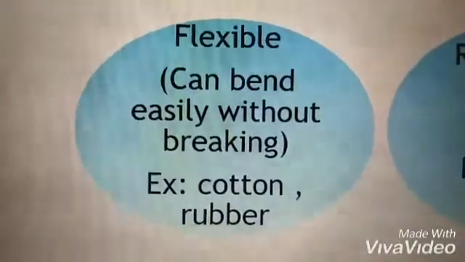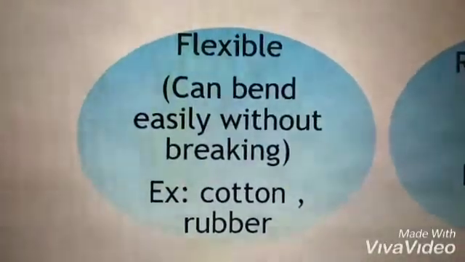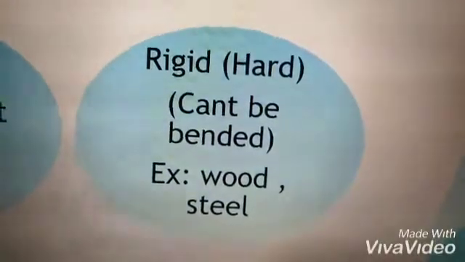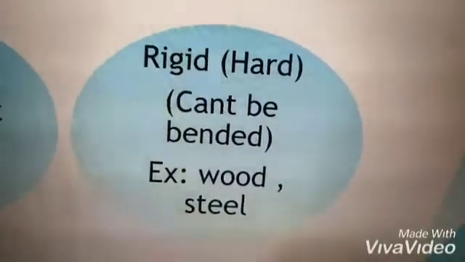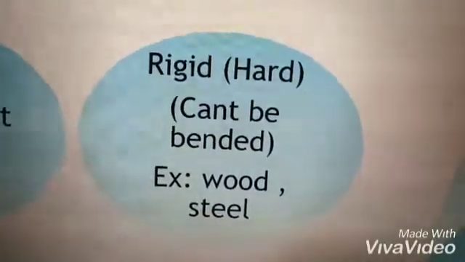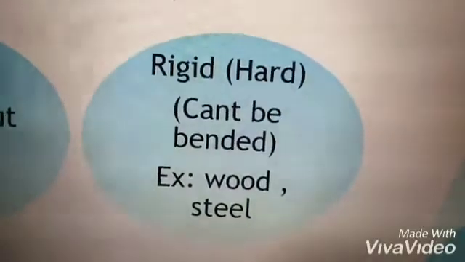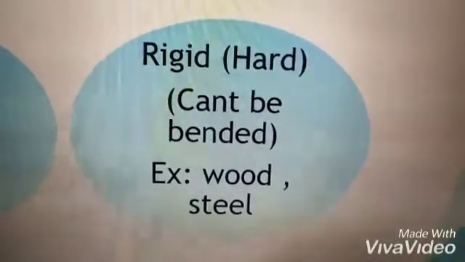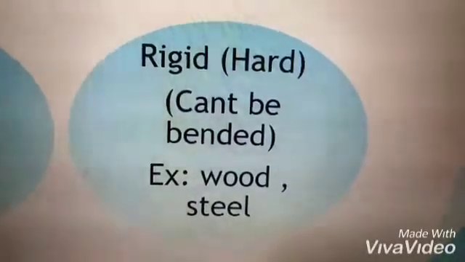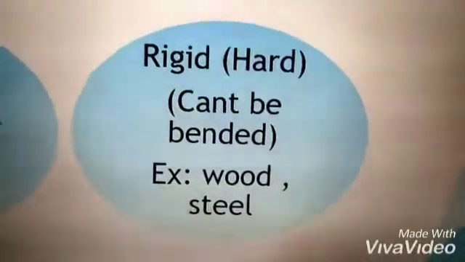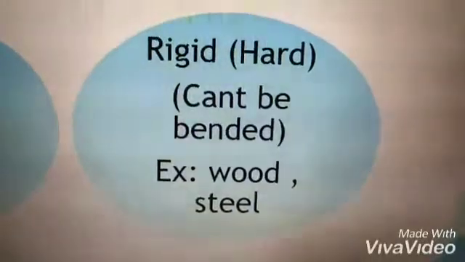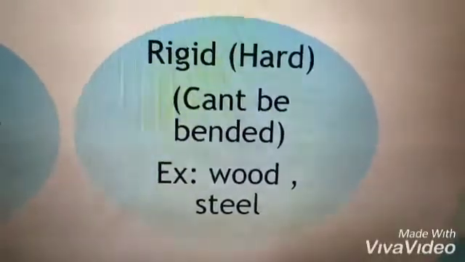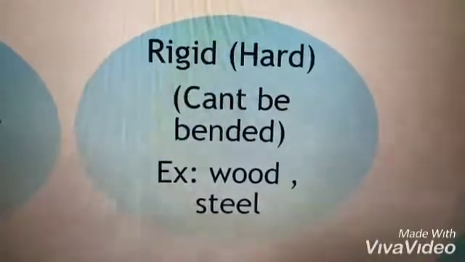Rubber and cotton are good examples of flexible materials. Rigid or hard materials are the opposite of flexible materials. These materials can't be bent. Some of these materials will break if you try to bend them. Wood is an example of this kind of material, while materials like steel are very hard to bend.